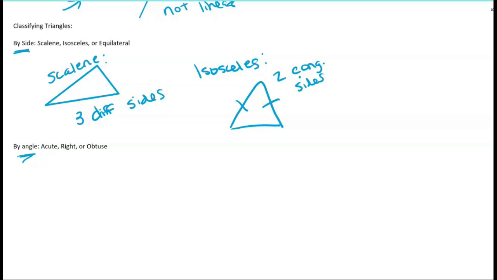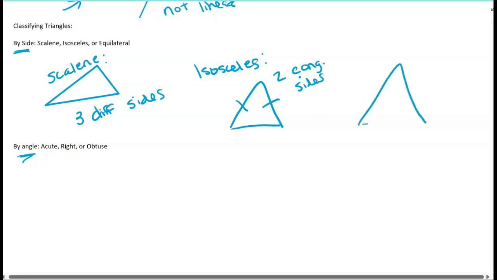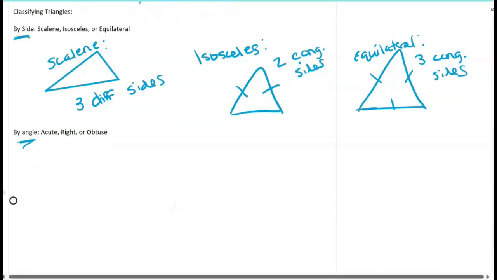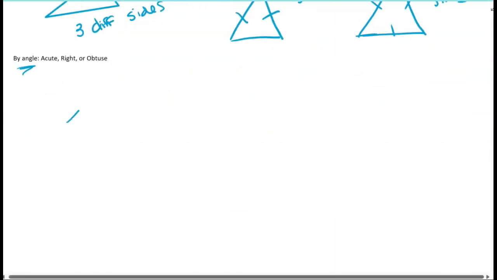And then I bet you can guess what an equilateral triangle looks like. So an equilateral, three congruent sides. Okay, so hopefully you've heard that before. And then we can also classify them by their angle measures.